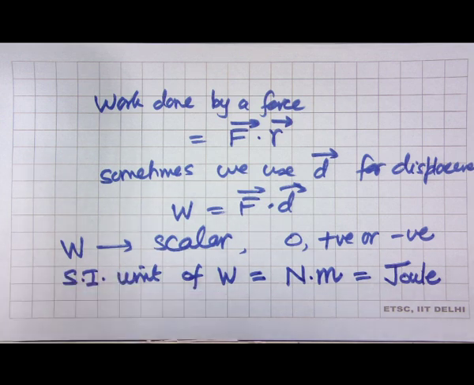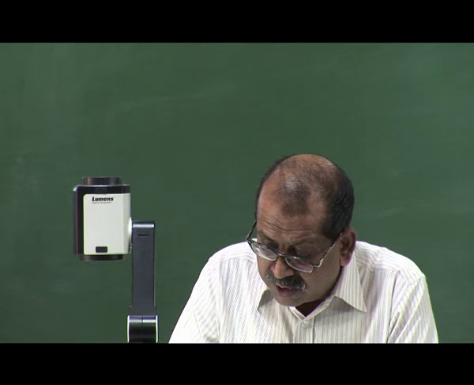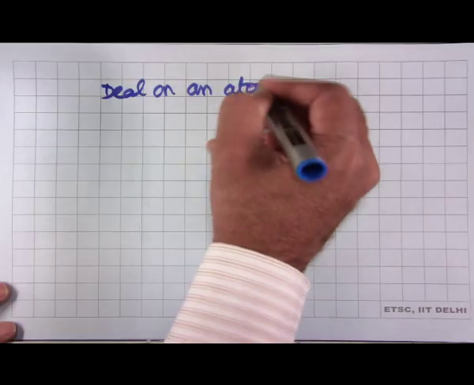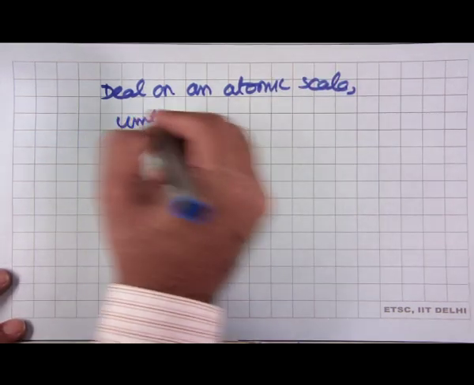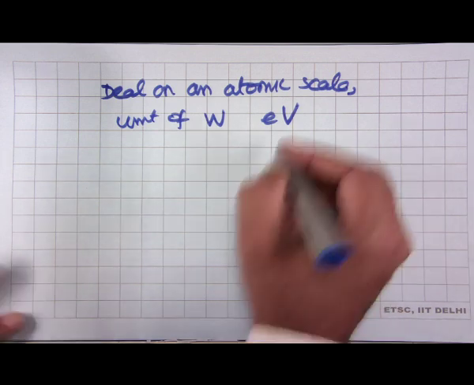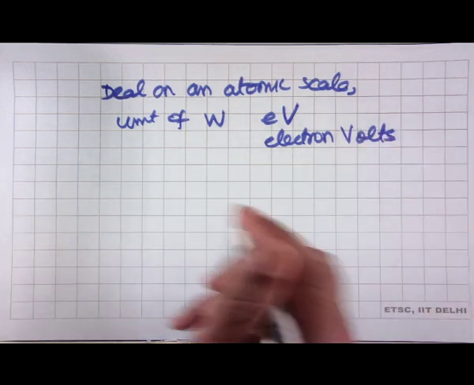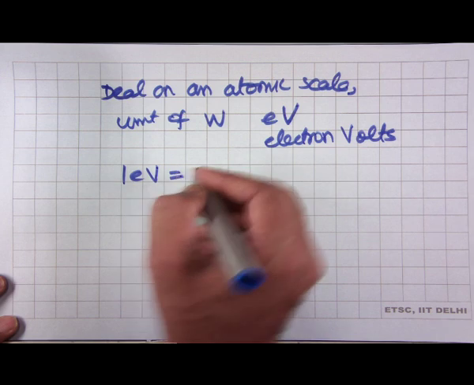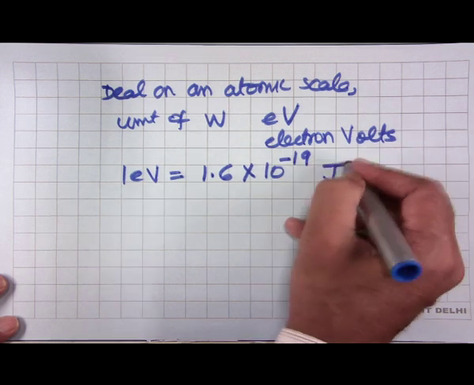Sometimes when we deal on an atomic scale, the unit of work done is written in terms of electron volts, and 1 electron volt is equal to 1.6 into 10 to the power of minus 19 joules.